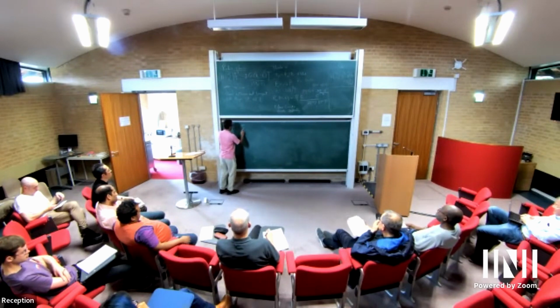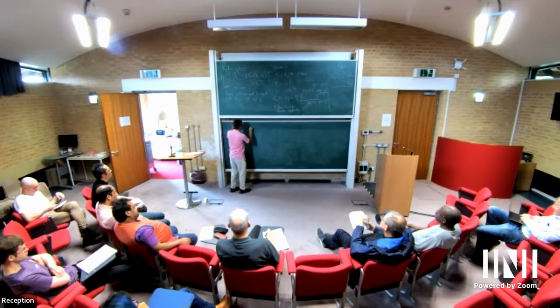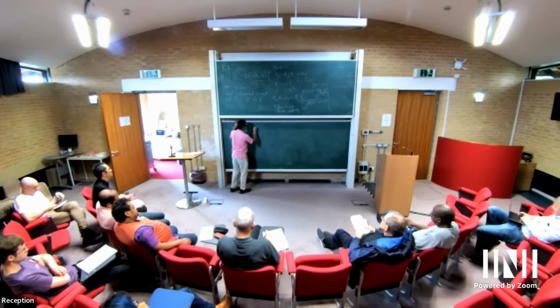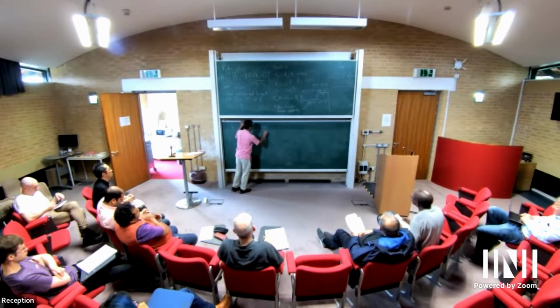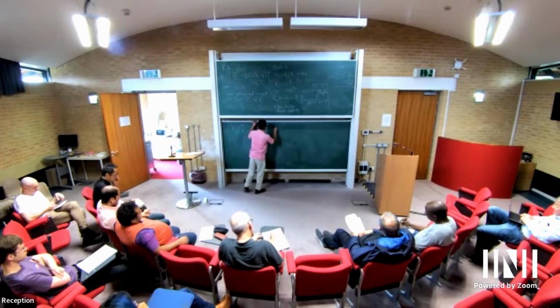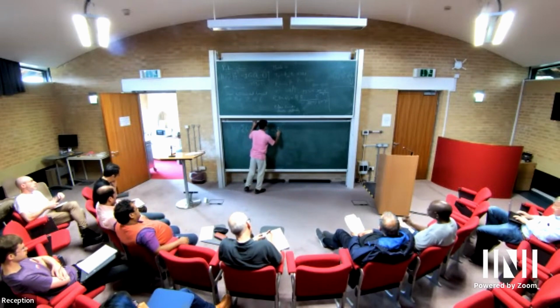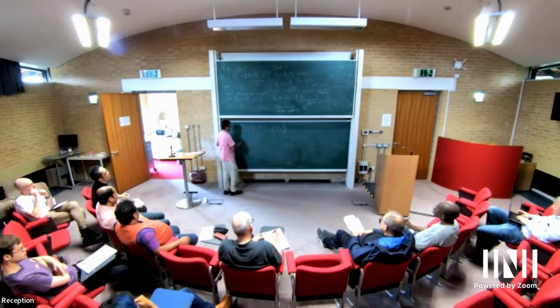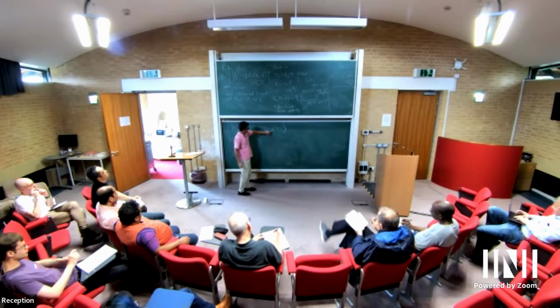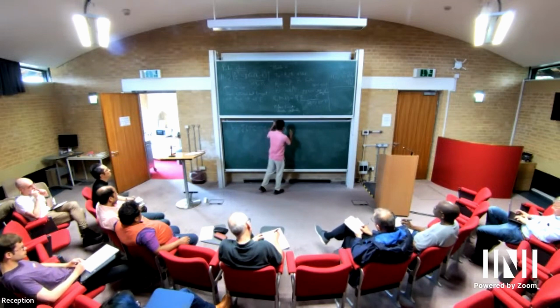So this is the anisotropy, and we'll mostly be interested in the case delta less than 1.